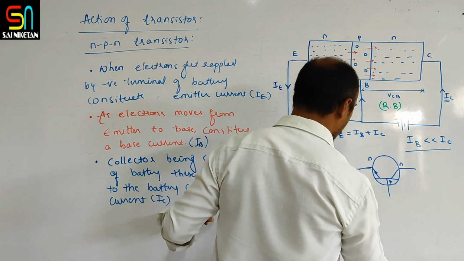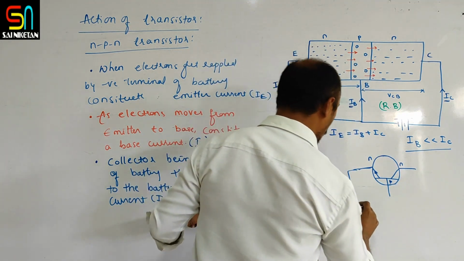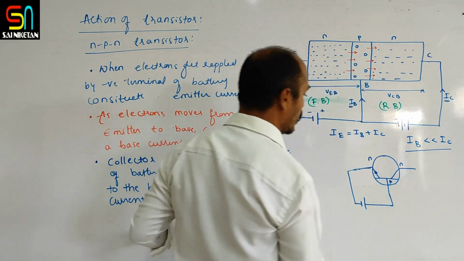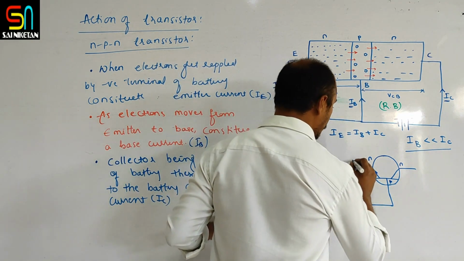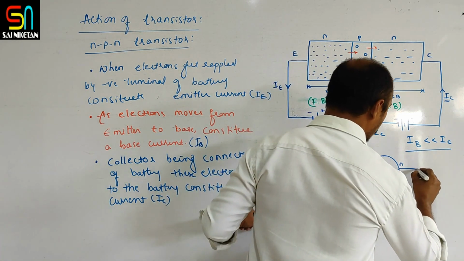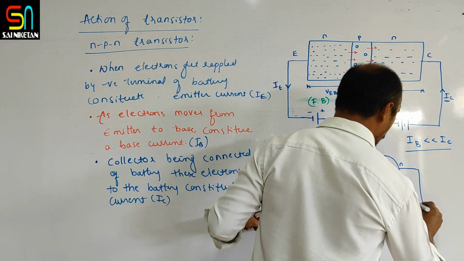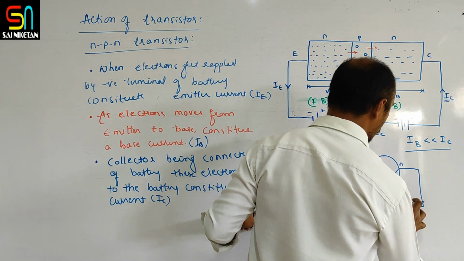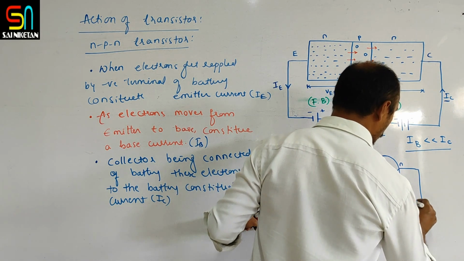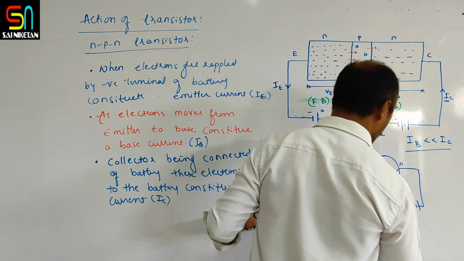The emitter is connected to the negative terminal of the battery, and the positive terminal of the same battery is connected to the base. So this is the emitter and this is the base, and this N region, being reverse biased, must be connected to a negative terminal, with positive and negative connected like this.